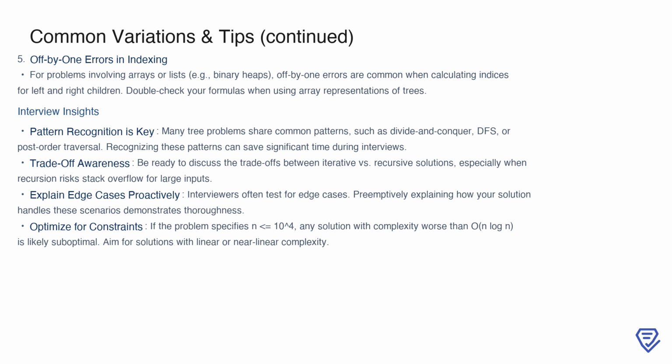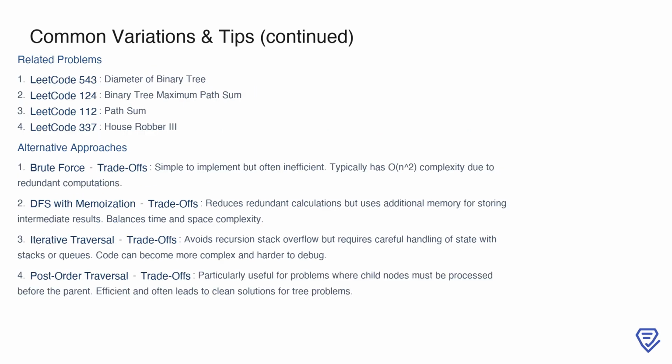Lastly, always optimize for the constraints given. If the problem specifies a constraint like n being at most 10,000, a solution with complexity worse than O(n log n) is unlikely to be acceptable. Aim for efficient algorithms that respect these limits. There are also several related problems that share similar concepts and can help deepen your understanding of tree algorithms.